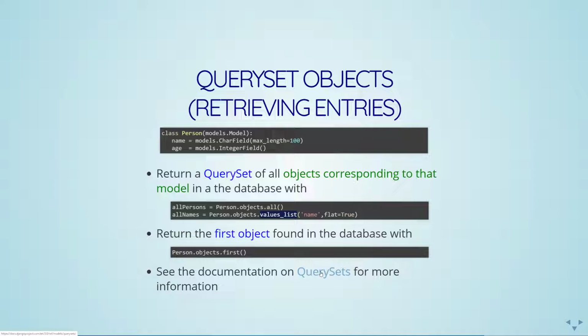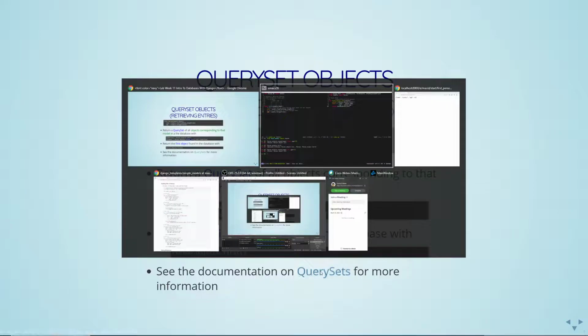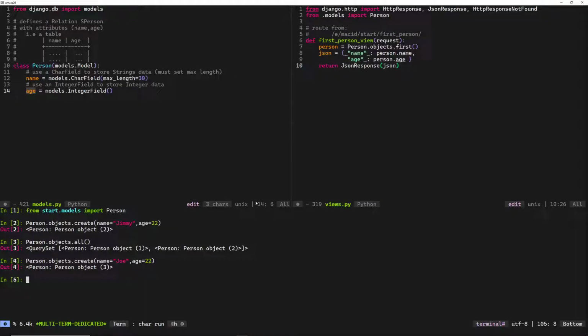One thing to note about QuerySet is that it implements iterable. Basically, if anything implements iterable, that means that I could use for-in with it. So I could do something like for person in Person.objects.all, and I could say print name is, and then person.name.